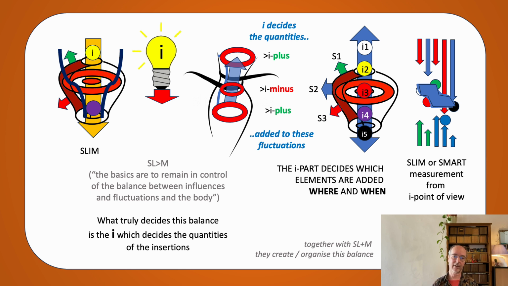That's why it can be used for different purposes. So together with the fluctuations, it creates the quantities and the overall shape of how things are shaped in the end.